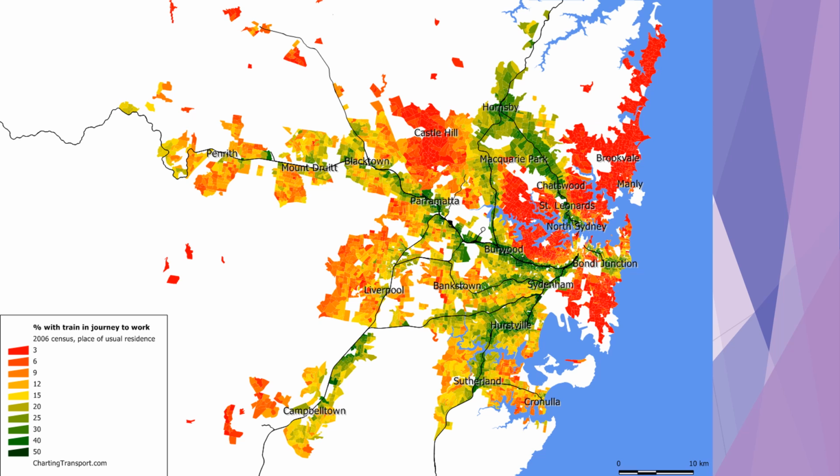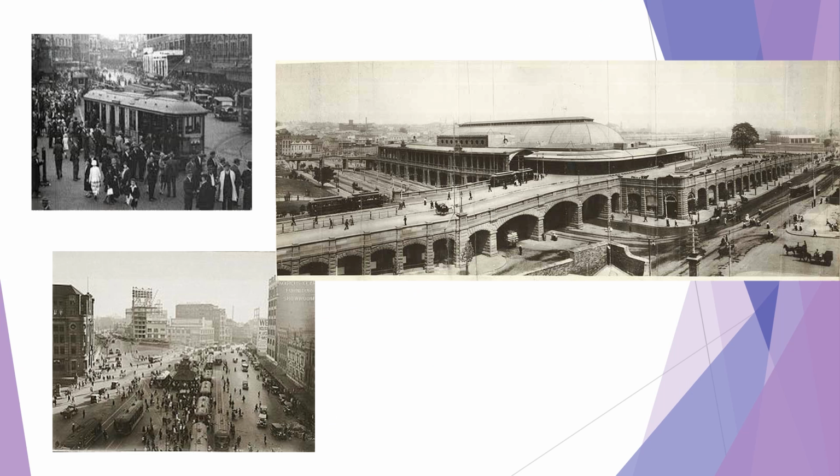Sydney has been a train city for quite a long time. By the 1920s, Sydney already had a pretty good public transport system, courtesy of trams and trains. The first rail services started in 1855, 67 years after the founding of Sydney, and the tram network began in 1861.